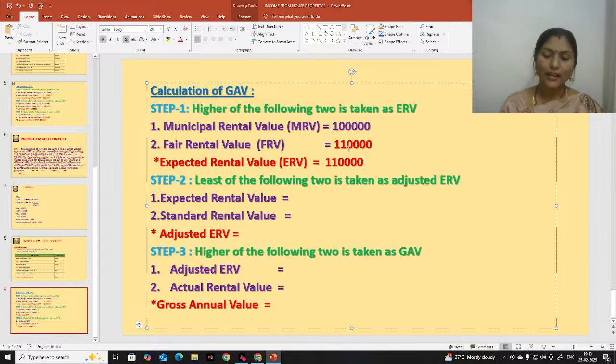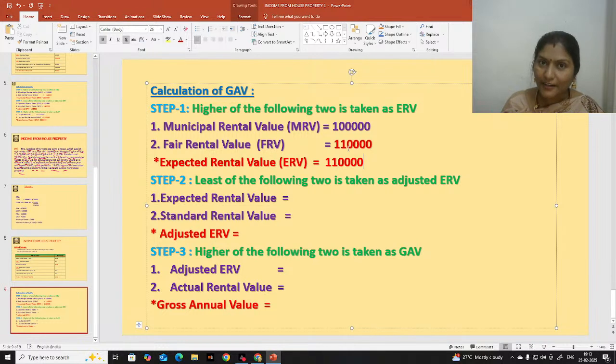Hope this is clear. In the first step we calculated ERV 1,10,000, finished. And we have to go to the second step. Actually, we need the second step only if standard rental value is given in the question. If standard rental value is not available in the question, don't go to the second step. But in our problem, we have SRV, standard rental value. Standard rental value short form is SRV.